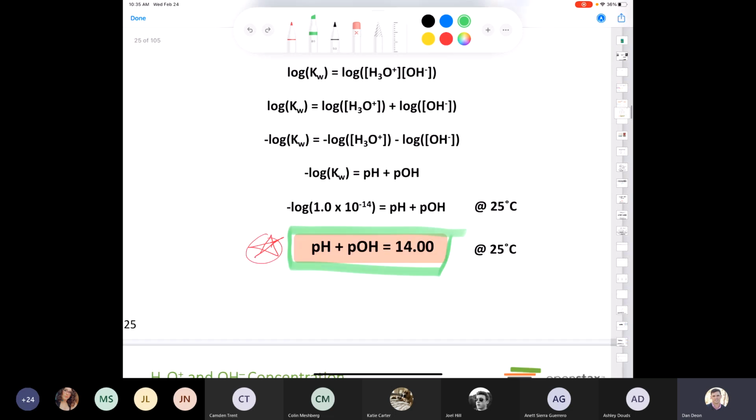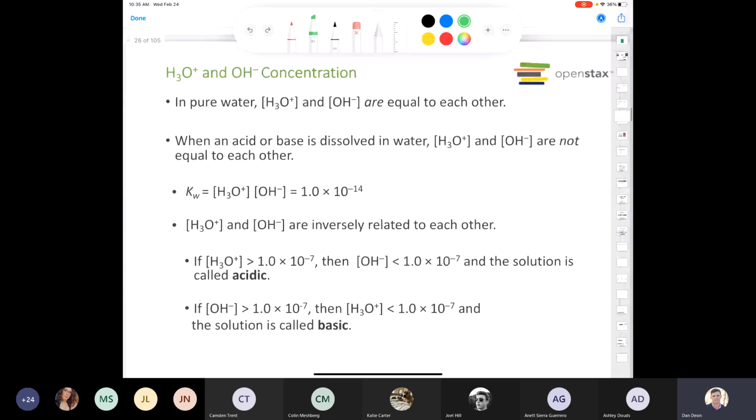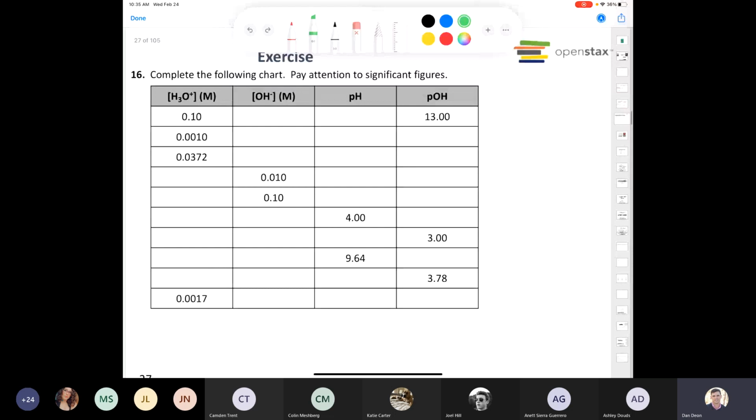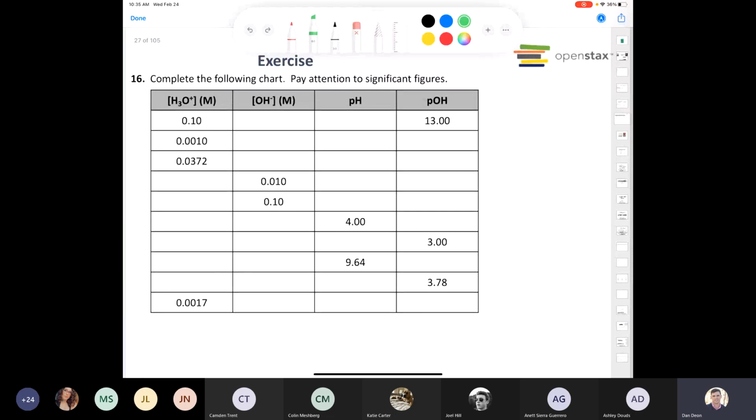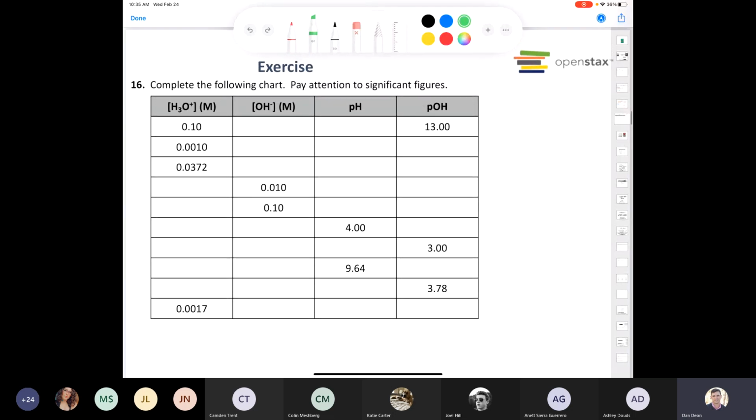I'm going to skip the next slide because it's all information that we've already looked at. And I'm not going to go over this problem with you in class, problem number 16. It's a kind of a long one. But again, the solutions are posted to Canvas. I highly recommend giving this problem the old college try, especially if you weren't following us 100% today.